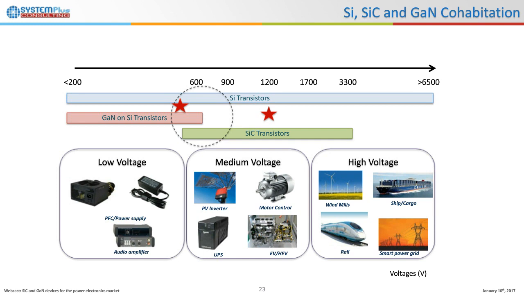So I will compare silicon transistors and GaN transistors at 600 volts, and then silicon and silicon carbide at 1200 volts. And then I will give you a brief comparison of the 900 volt solutions and what happens if we compare the three technologies: silicon, silicon carbide, and GaN.